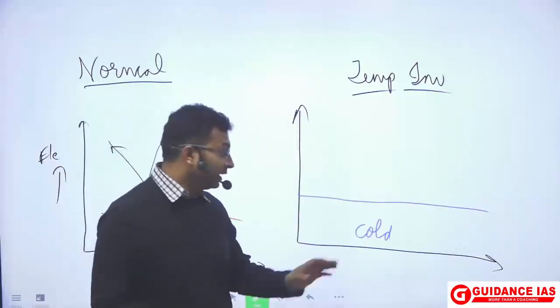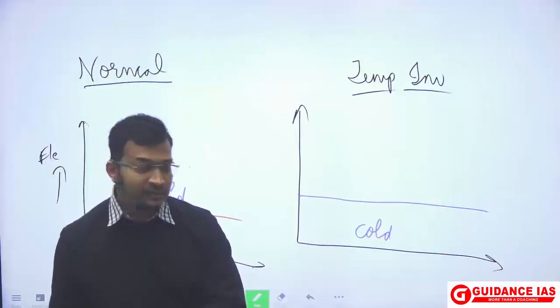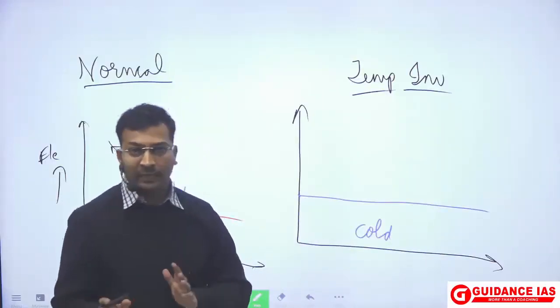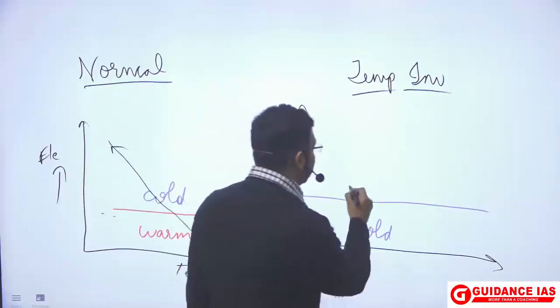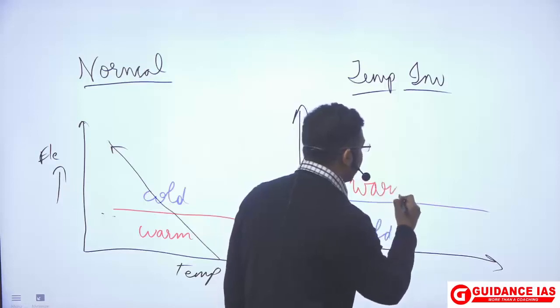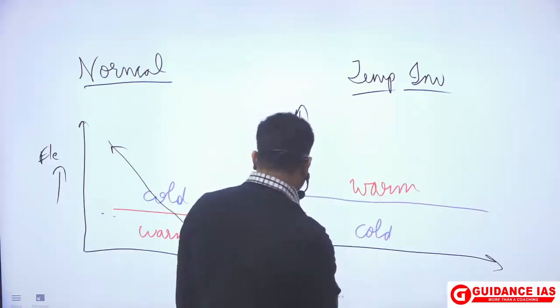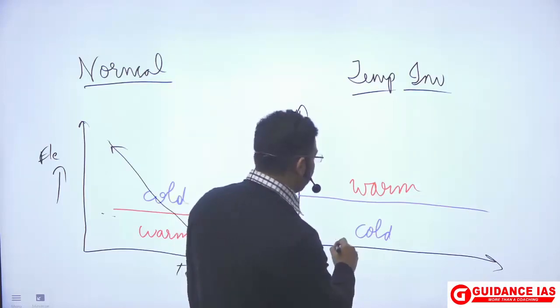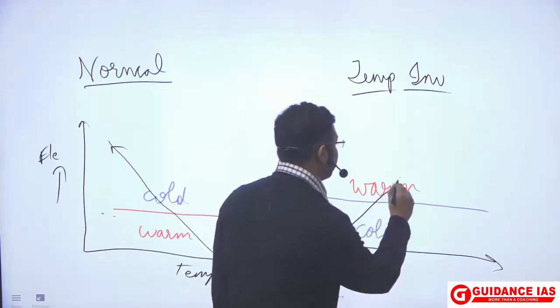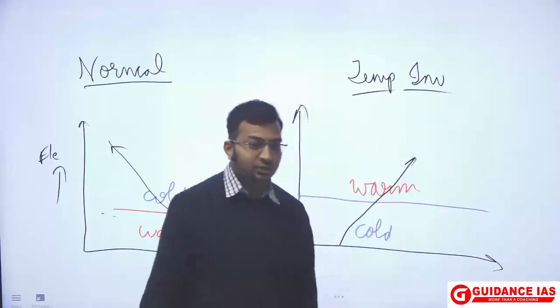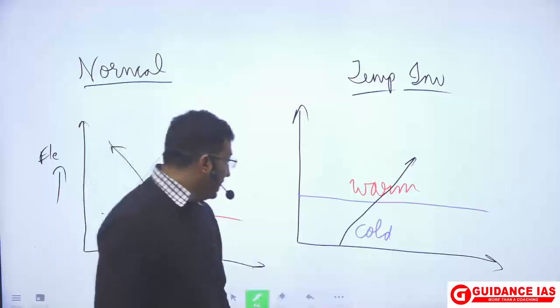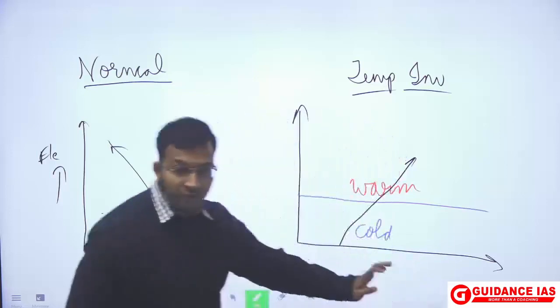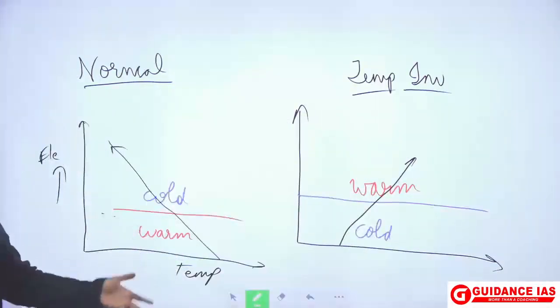I'll be talking into detail when and where it actually happens, when we'll be looking into the types and subtypes. Okay, there is cold air mass, above it lies the warm air mass, due to which the temperature goes on increasing with increasing altitude. This is called as the temperature inversion. Okay, now if you all want to draw this diagram, you can just note it down.